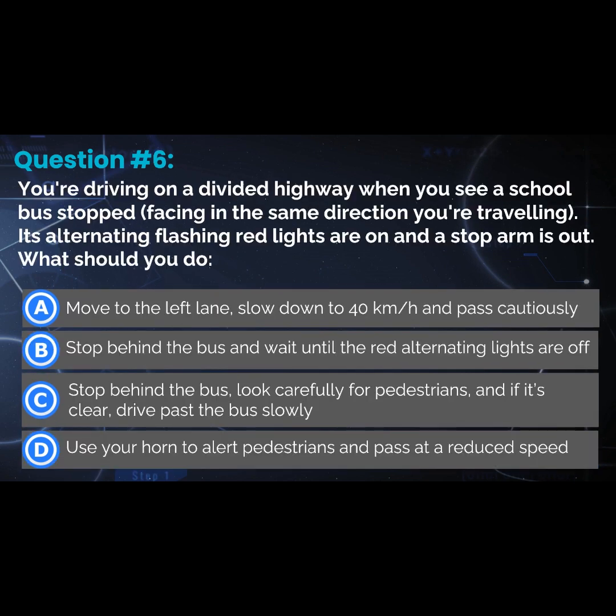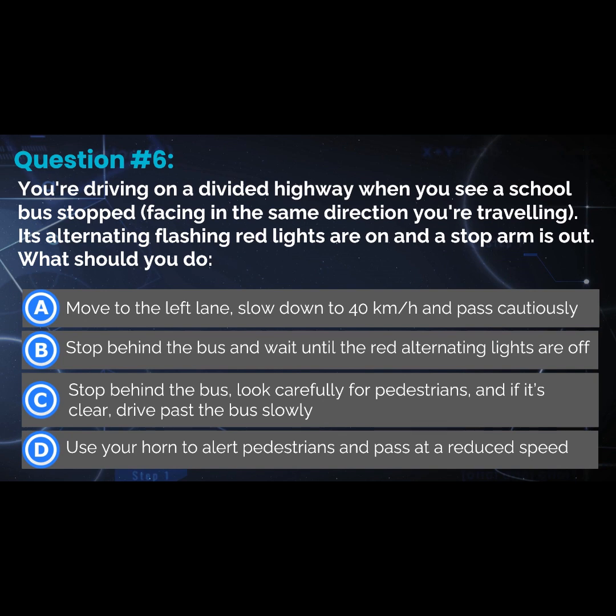Question 6. You're driving on a divided highway when you see a school bus stop, facing in the same direction you're traveling. Its alternating flashing red lights are on and a stop arm is out. What should you do? A. Move to the left lane, slow down to 40 km per hour and pass cautiously. B. Stop behind the bus and wait until the red alternating lights are off.